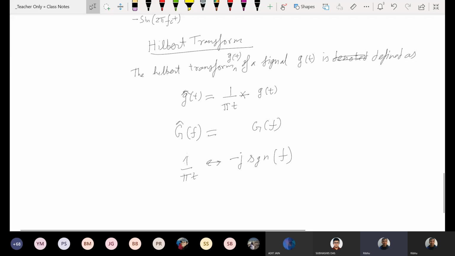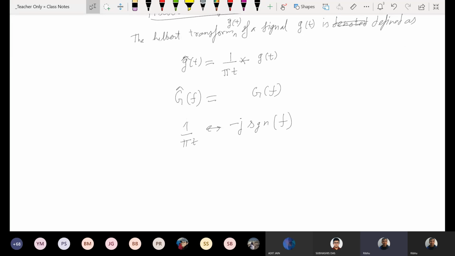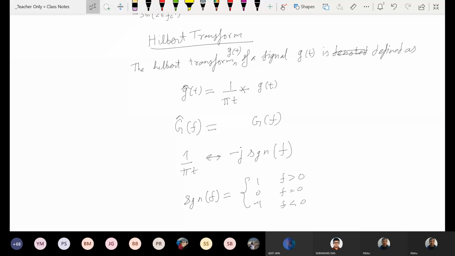The signum function, or sine function, is defined as follows, and this is the signum function, with minus j.